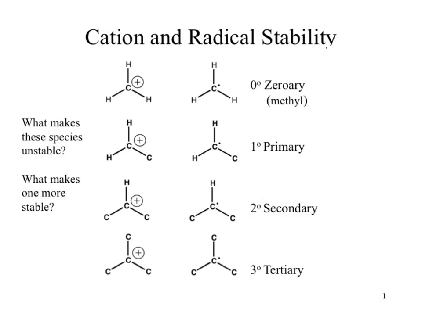Look back to the radicals. Are they charged? No, they're not charged. Okay? But what is weird about them is that they have an unpaired electron. So ultimately, an unpaired electron is going to act very similarly to not having any electrons in an individual orbital, which means our radicals will act similarly to carbocations.